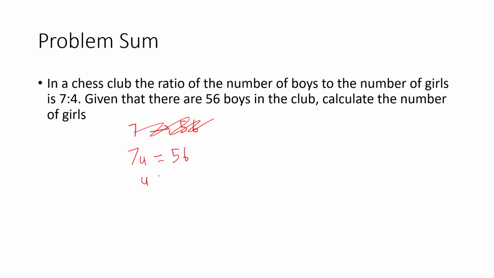So u will be equals to 56 divided by 7, and I will get 8. So 1 unit will be equals to 8, and girls, there's 4 units. So 4 times 8 will give me 32. And that's all. Easy peasy lemon squeezy.